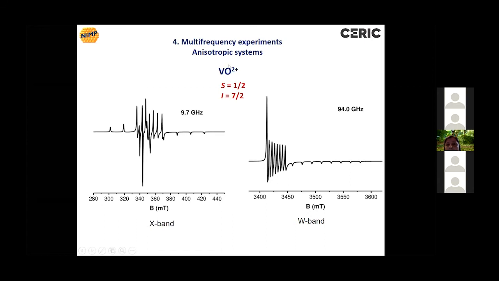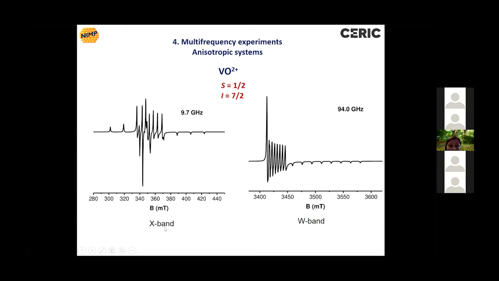This ion consists of a vanadium 4+ ion and an oxygen 2- ion, and vanadium 4+ is a 3d1 ion, 3d1 configuration. The electron spin is therefore 1/2, and the nuclear spin is 7/2. So you will have a hyperfine structure of 2I + 1, so of 8 lines.